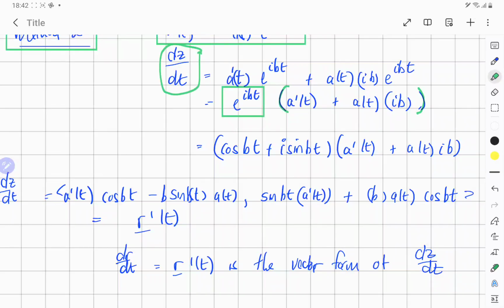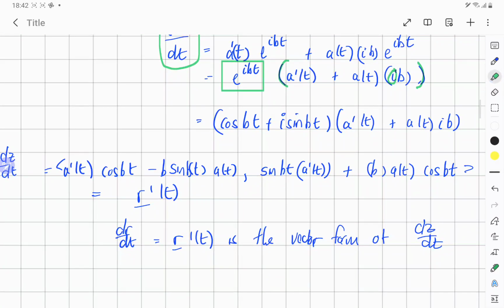A vector form will never have an imaginary part. What is the only thing I can do here? I'm going to change my e to the ibt to cos bt plus i sin bt. There's my bracket. And remember what I said, your vector form will never have the i in your answer.